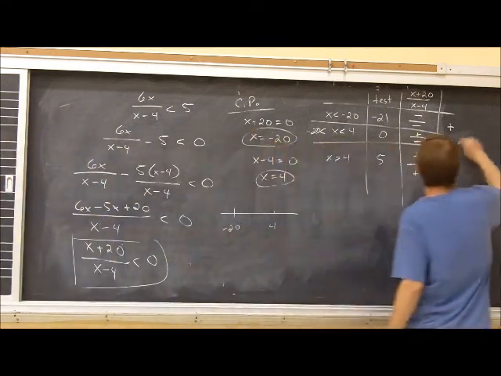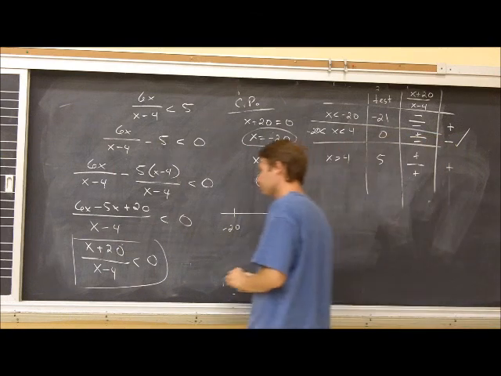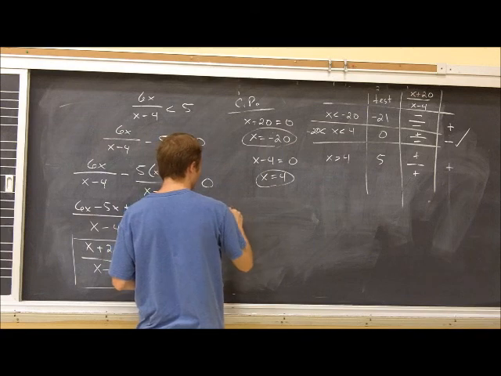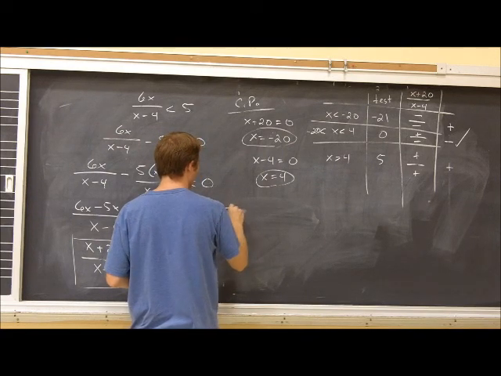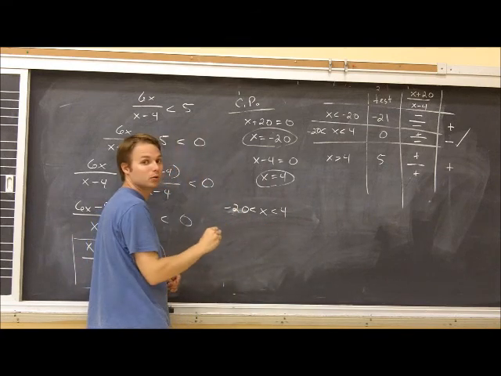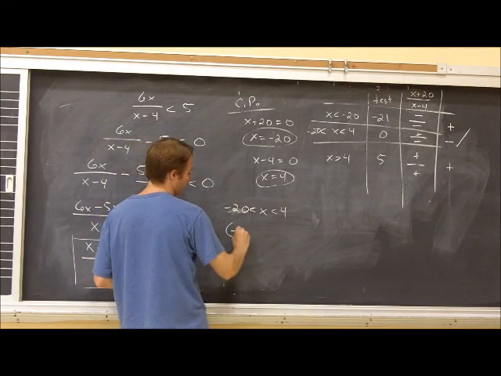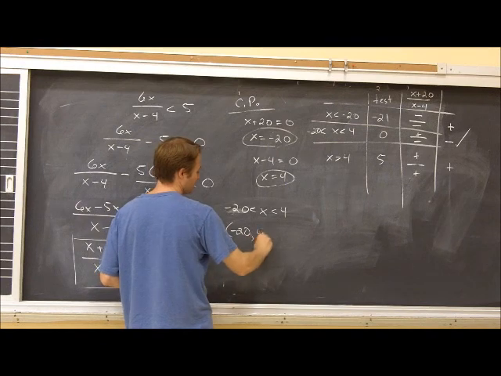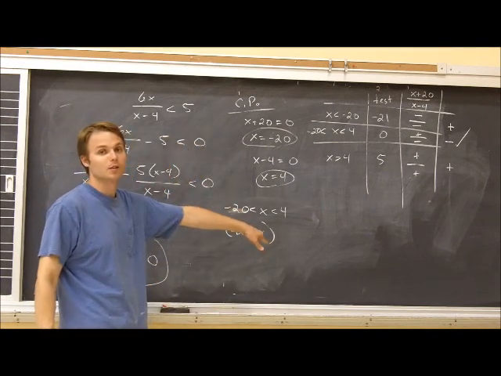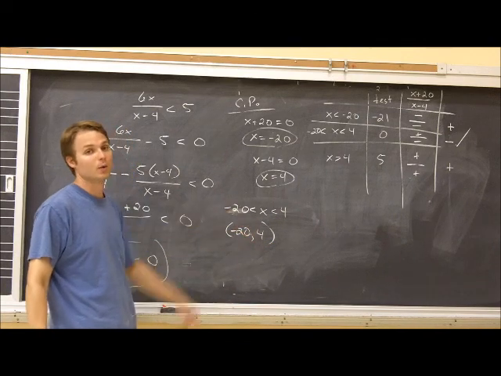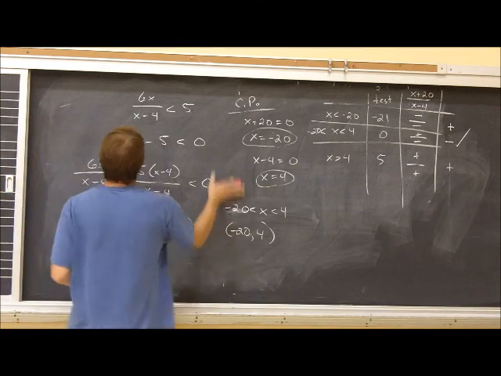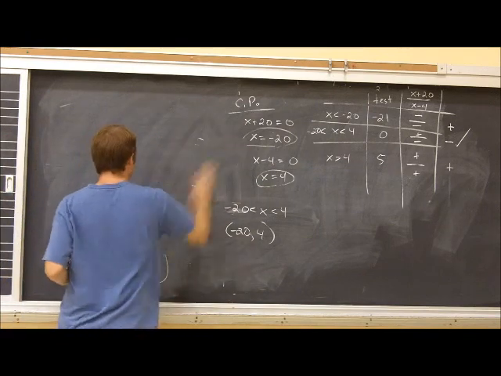Well, it's less than 0 on this interval. So I will say that between negative 20 and 4 would be my solution set. Or in interval notation, we'll say it's between negative 20 and 4 with open parentheses because we're not including negative 20 and we're not including 4. All right, let's check out one more.